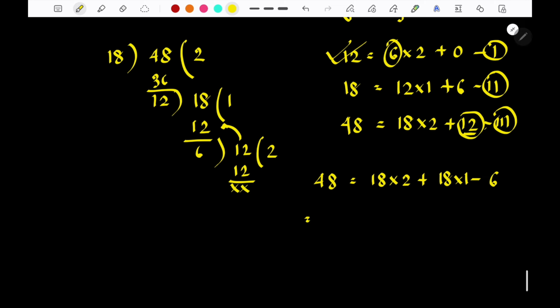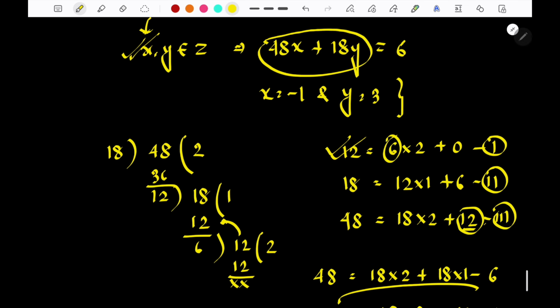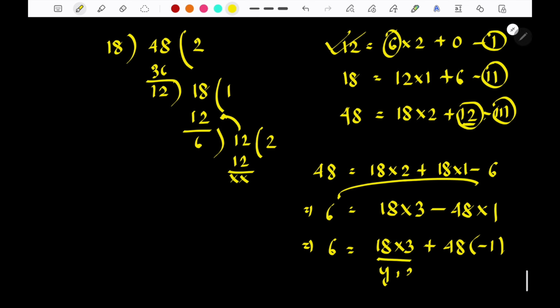So basically, if I take 48 to one side, 18 into 2 plus 18 into 1 is actually 18 into 3, and 48 into 1, and 6 is taken to the left-hand side. So we get the answer: 6 is equal to 18 into 3 plus 48 into minus 1, and hence we get y is equal to 3 and x equal to minus 1. So this is the way we backtrack. This is known as the backtracking method.